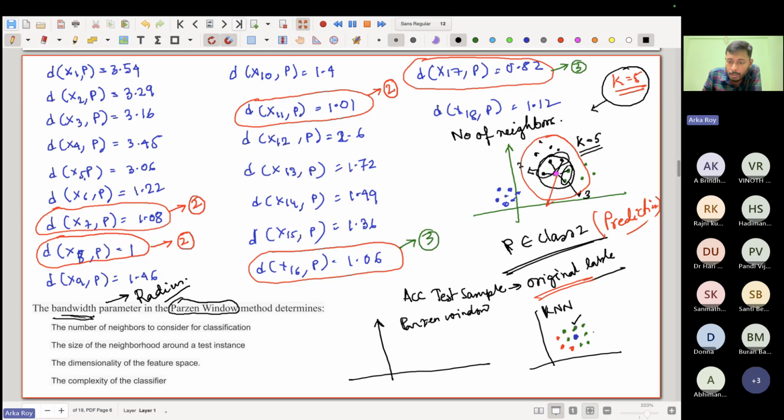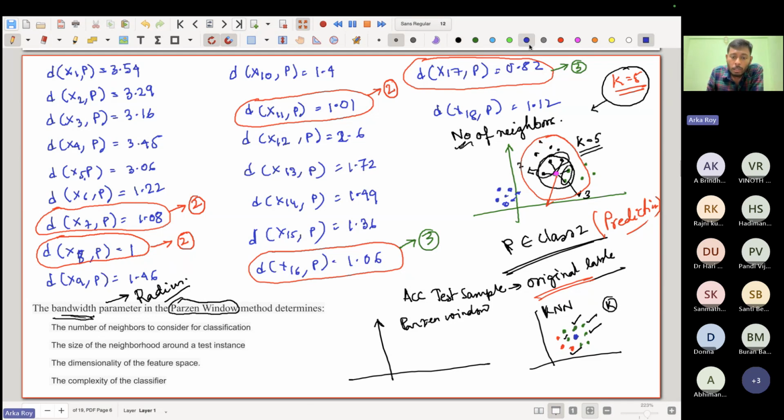So let's say this is the first neighbor, this is the second neighbor, third neighbor, fourth neighbor, and let's say this particular value is less than this one, even though the figure looks the opposite way. But let us consider this one is the least value among all. So we will only consider those points which are having the lowest distance. We'll choose those k number of points. So this k basically talks about the number of neighbors. If k equal to 5, then I have to choose only 5. If k equal to 3, I have to choose only 3.